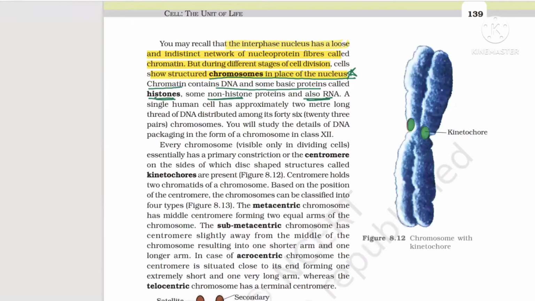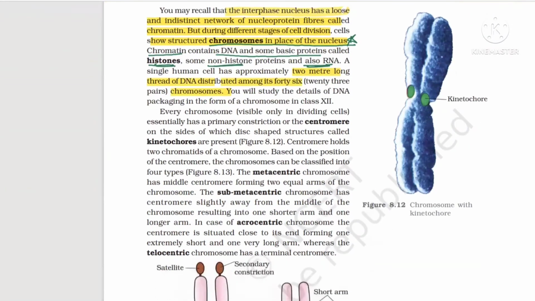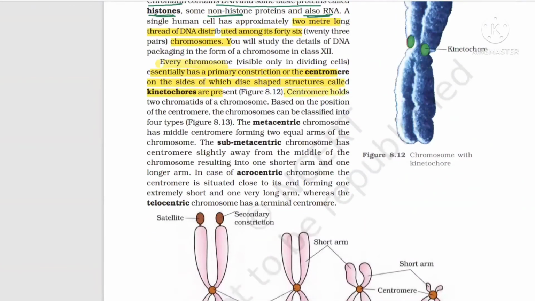Clear, beta? You know very well human DNA is 2 meters long, which is distributed in 46 chromosomes, meaning 23 pairs. Every chromosome has a primary constriction known as the centromere, on either side of which is a proteinaceous disc-like structure known as the kinetochore. The centromere holds 2 chromatids known as sister chromatids.